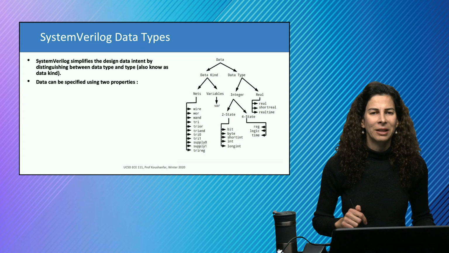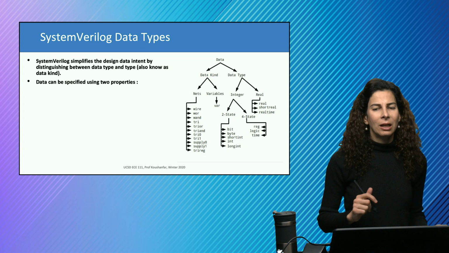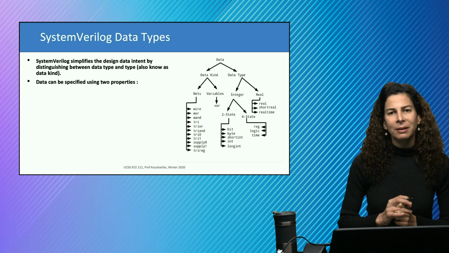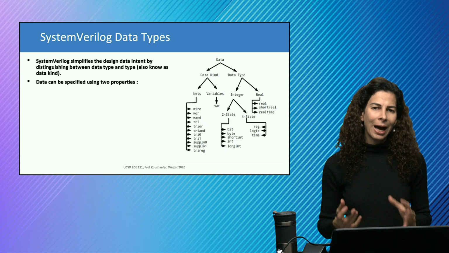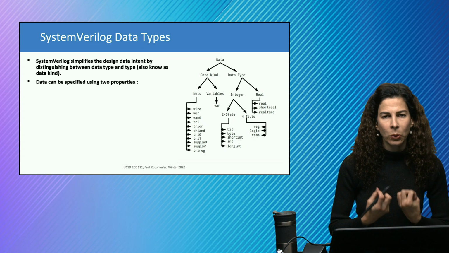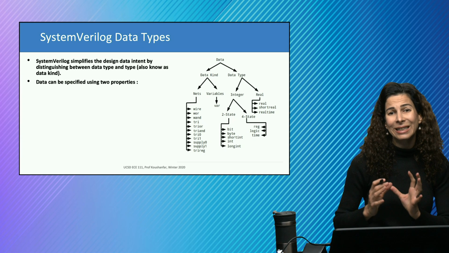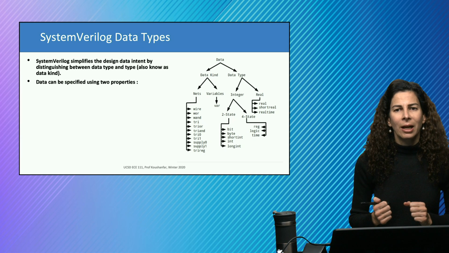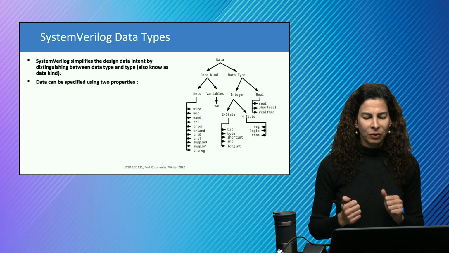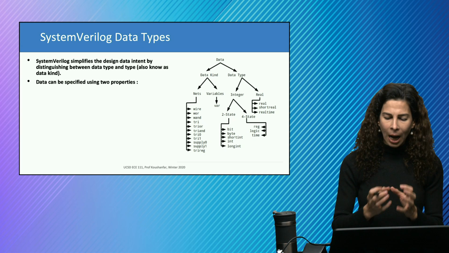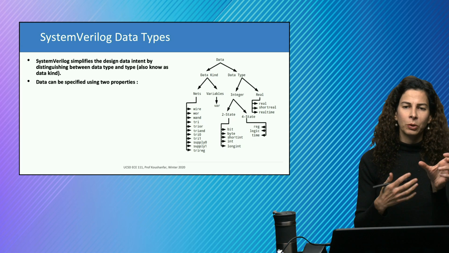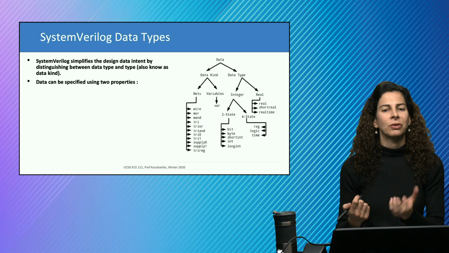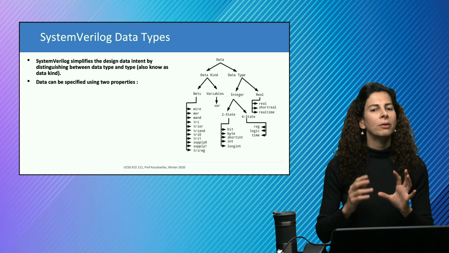The System Verilog data types can be specified by the design intent. Typically, one thing we have is the data kind or type, and the other one is the data type, and this can be distinguished. What I mean by that is, if you're talking about just the kind, we either have a wire in the design or we have registers in the design, and this is just a simple distinction.